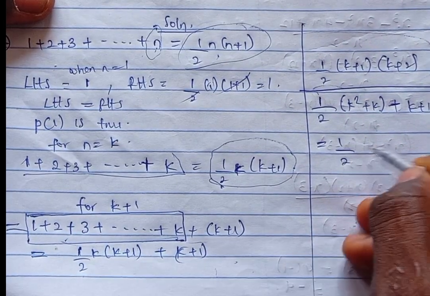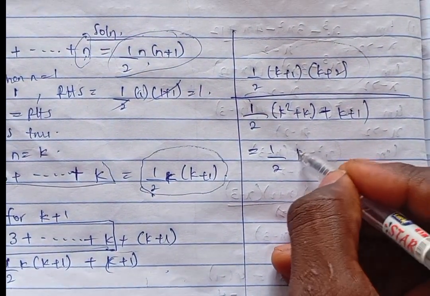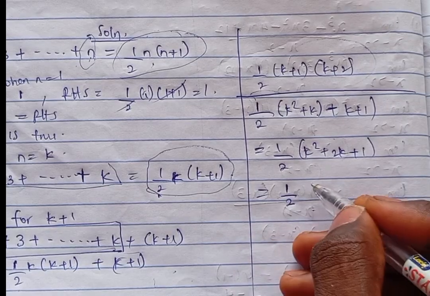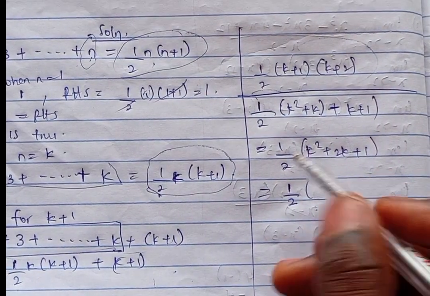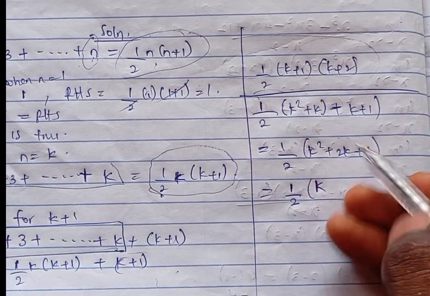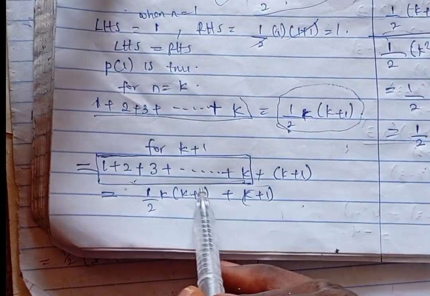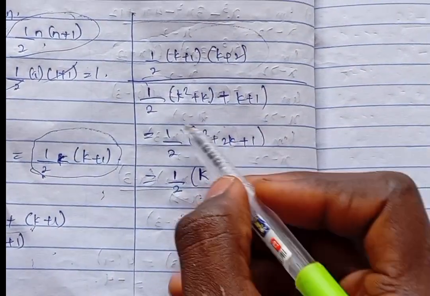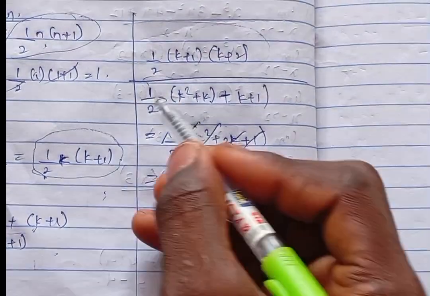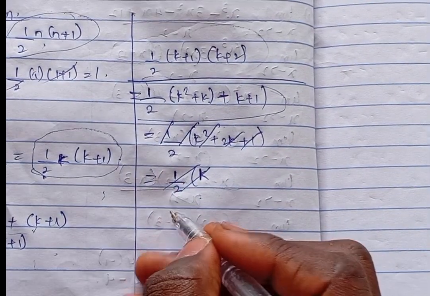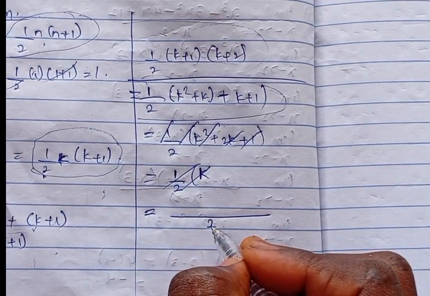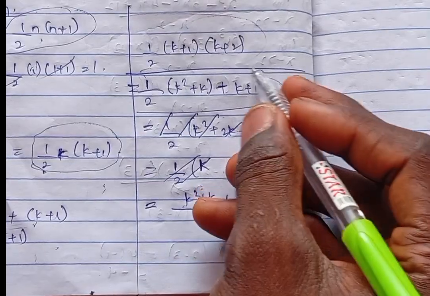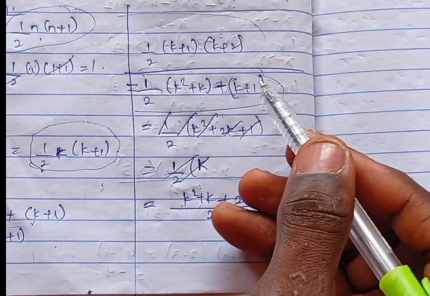Now I can find the LCM. This is equal to 1 over 2 into k squared plus k, plus 2 into k plus 1, because this k plus 1 doesn't have any fraction, so you find the LCM.